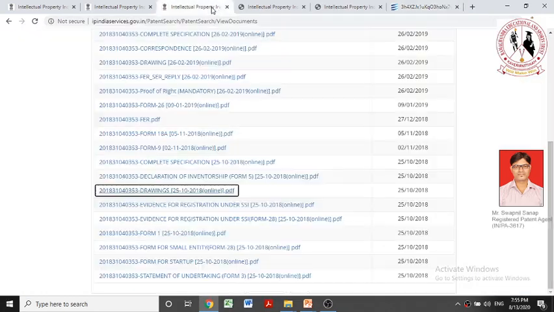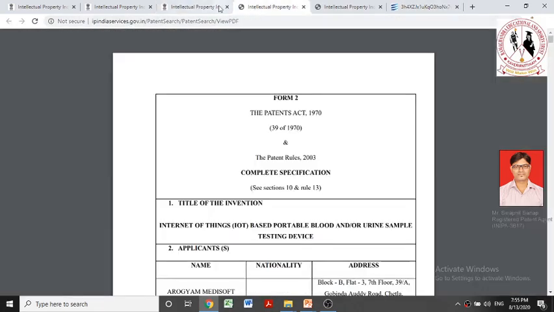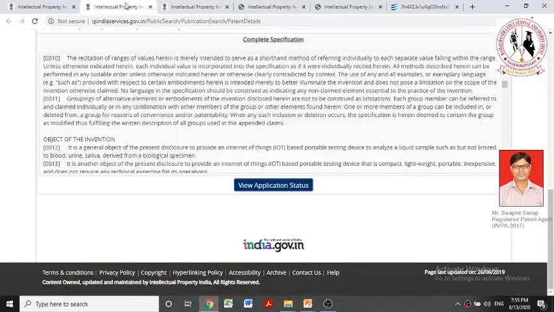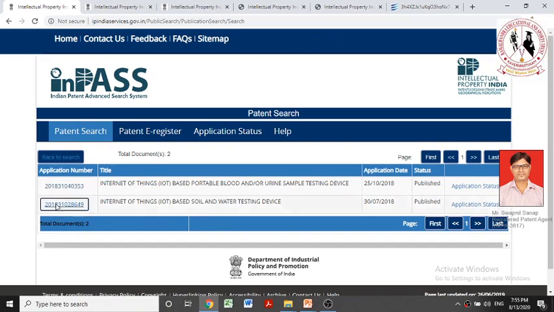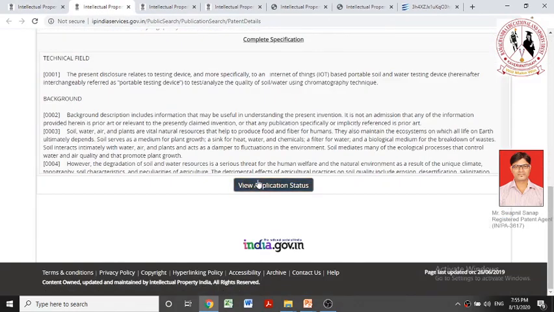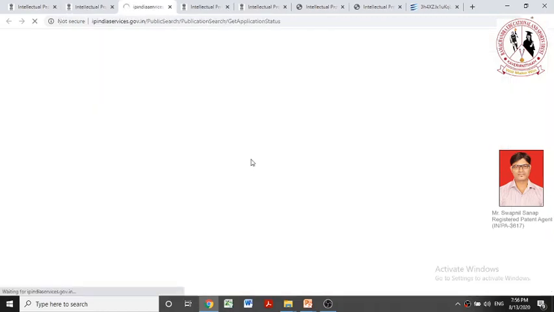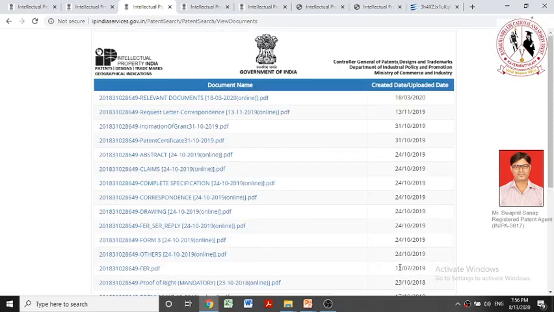Let me just check on the IPO site. Yes, this is already a granted patent.